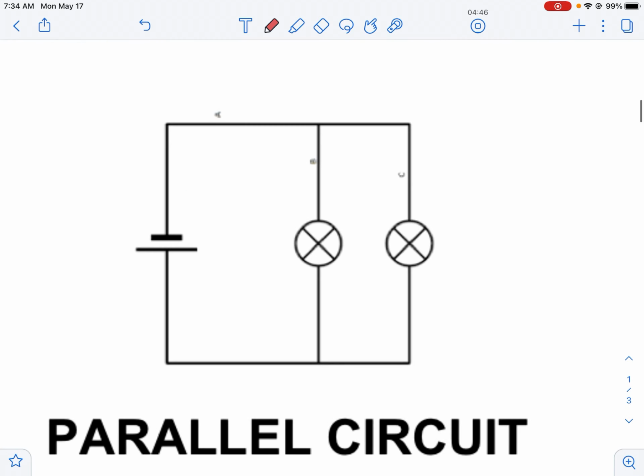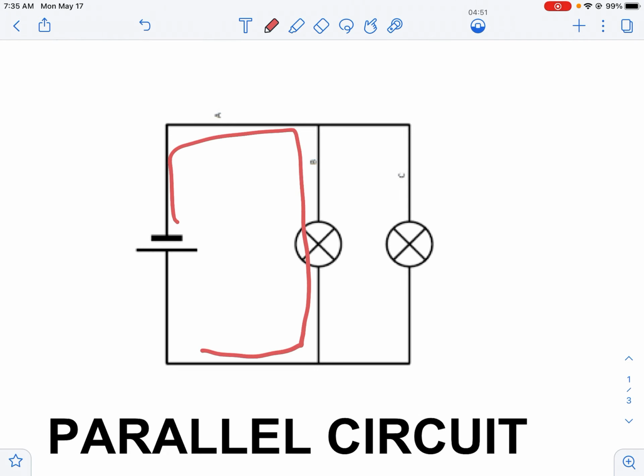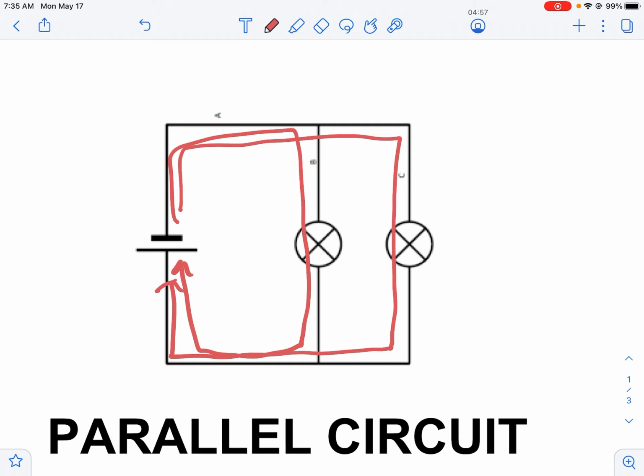Okay, so when I look at my parallel circuit here, I can see that there's a path for this device, and there's also a path for this device. So if I call this A and I call this B, I can see that there's a path for A and there's a path for B, and they operate independently of each other.